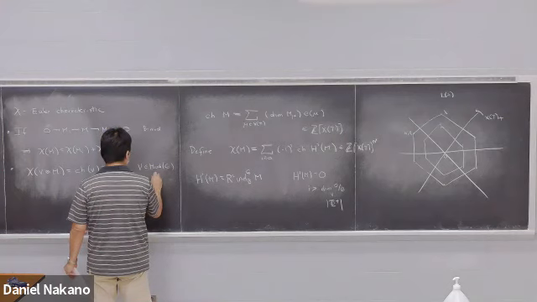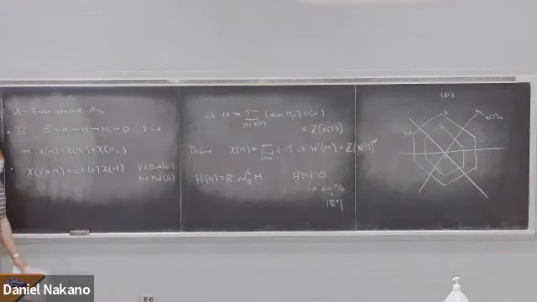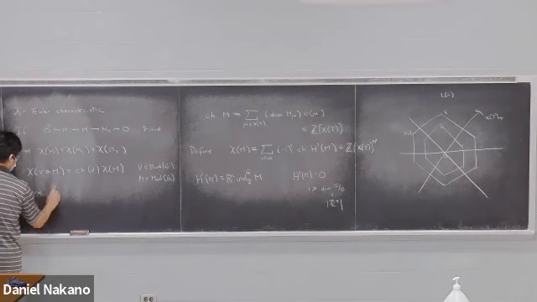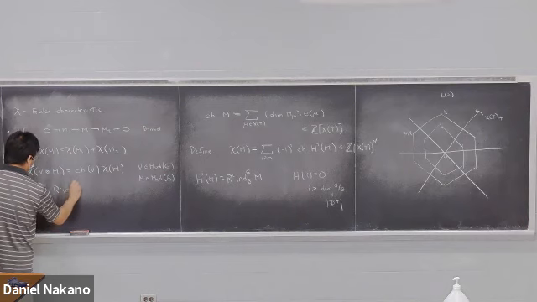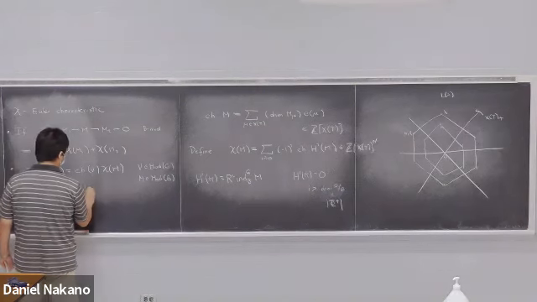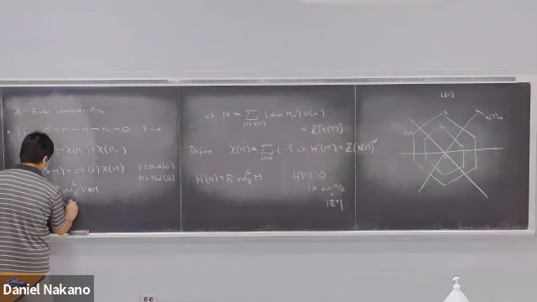M is a module. Okay. All right, and this is because of the tensor identity again, so R i induction from B to G of V tensor M.